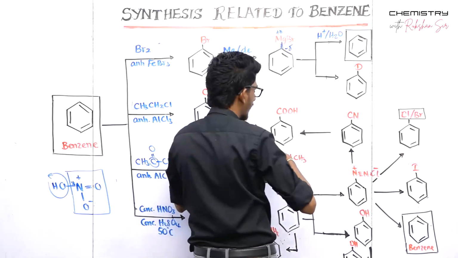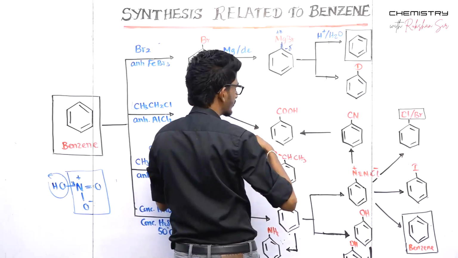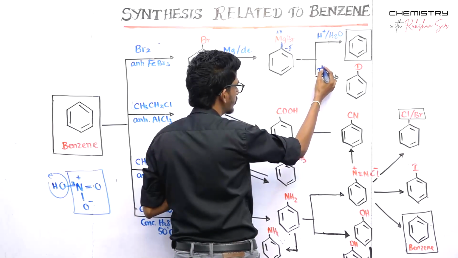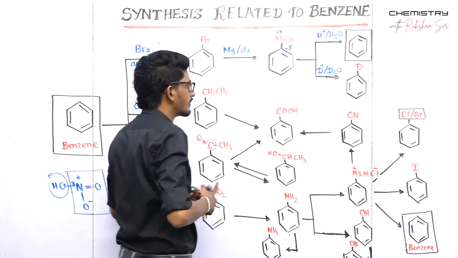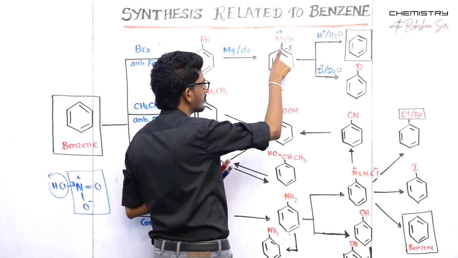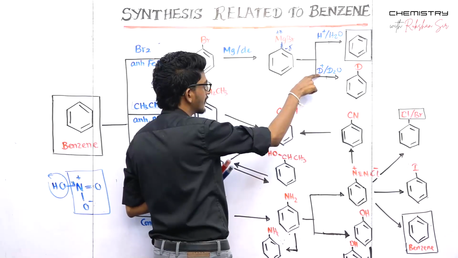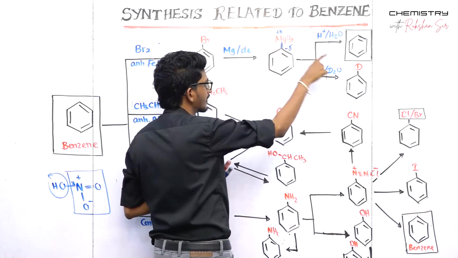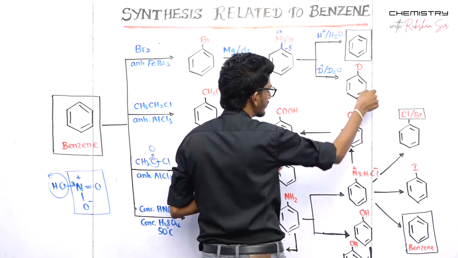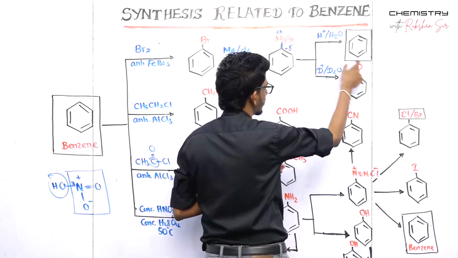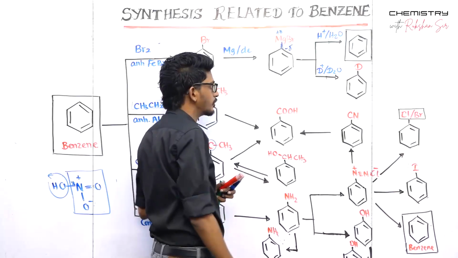So if you are adding some D plus D2O, some heavy water, deuterium, what will happen? This negative carbon will attract this positive D plus to come up as a D here. So all the other 5 positions are hydrogens on the ring, and you have a D here, which is a special deuterium labeling.